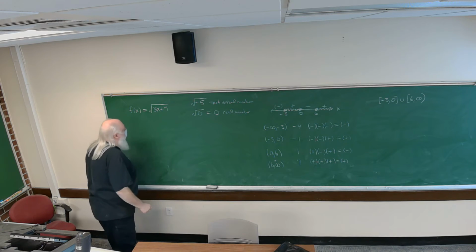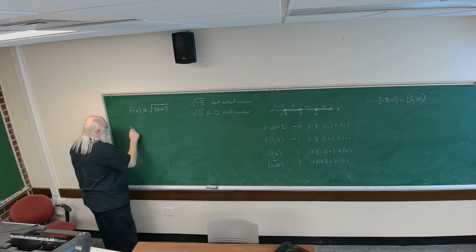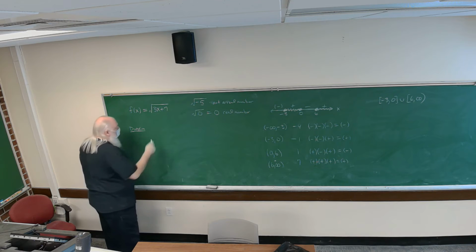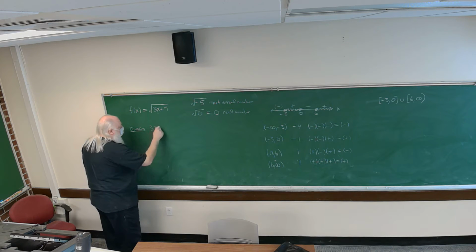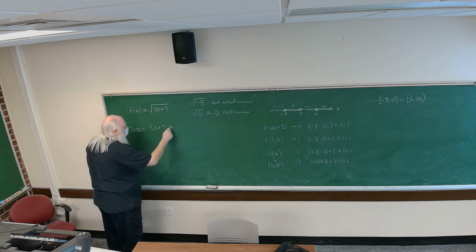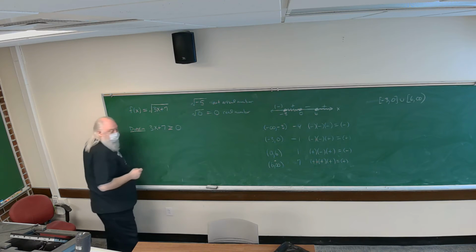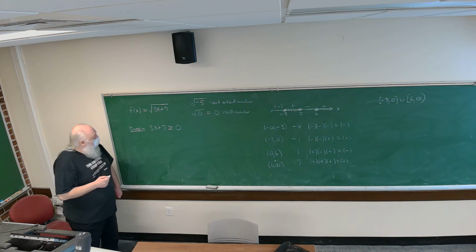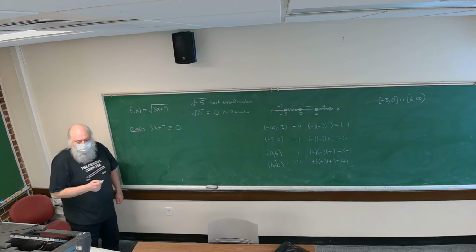So, to find the domain for this function, we require the radicand, 3x plus 7, to be greater than or equal to 0. Okay? Now, that's just a linear inequality.